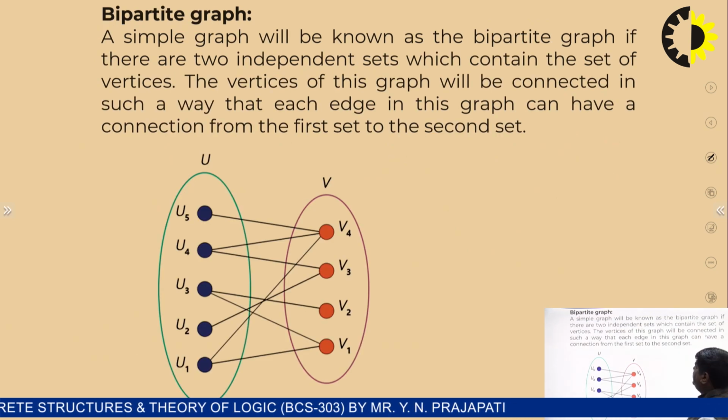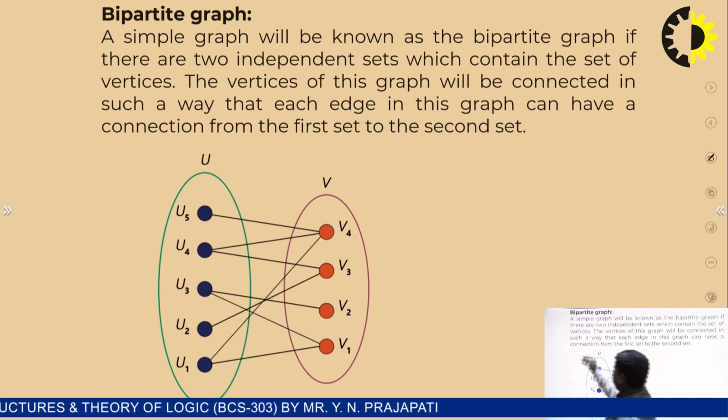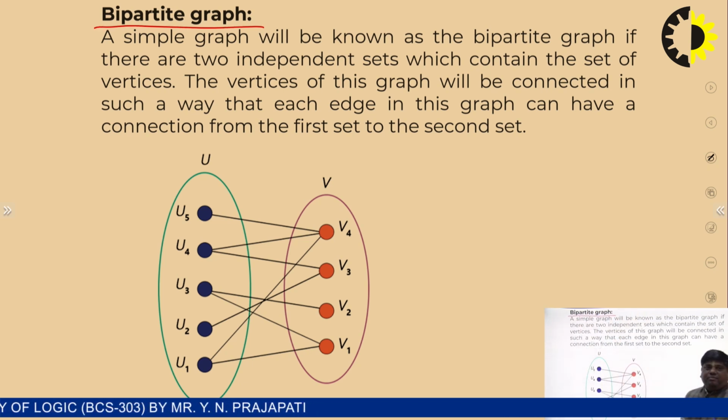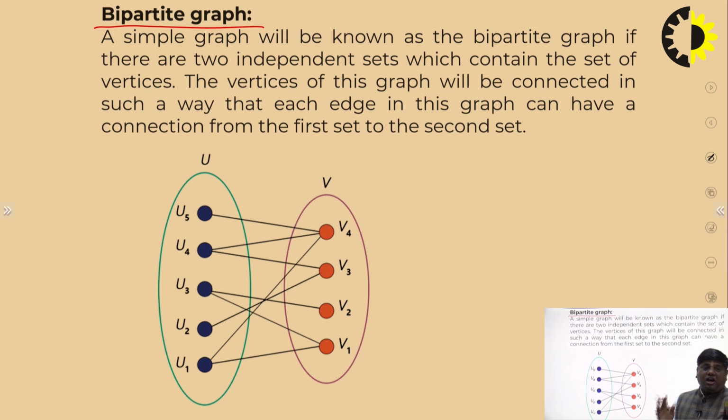Now this is another example, the best example of the bipartite graph. Bipartite graph, the definition is written here, but we will take a very simple way. Bipartite means the nodes of the graph can be divided into two parts, V1 and V2 sets.